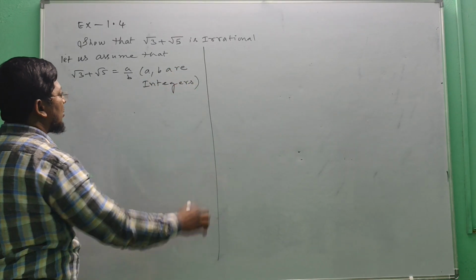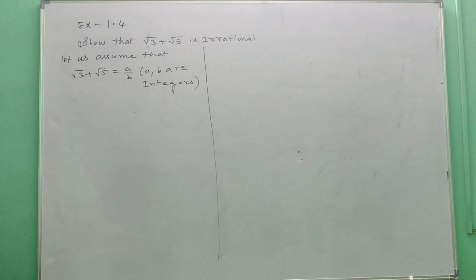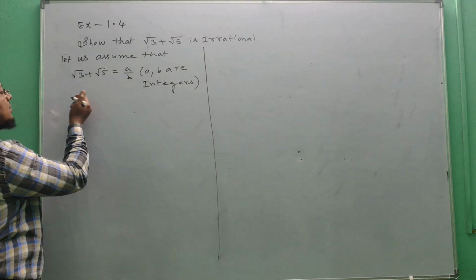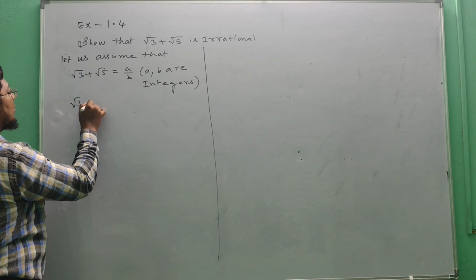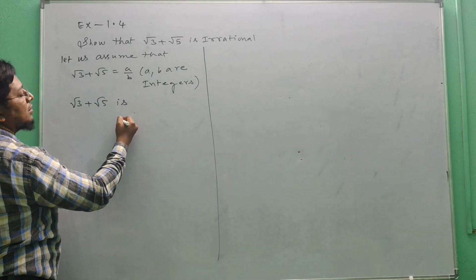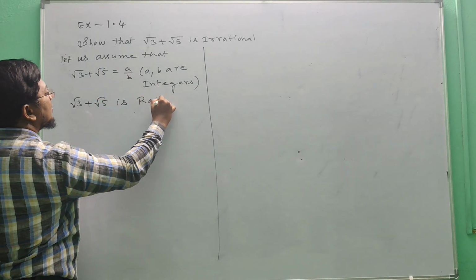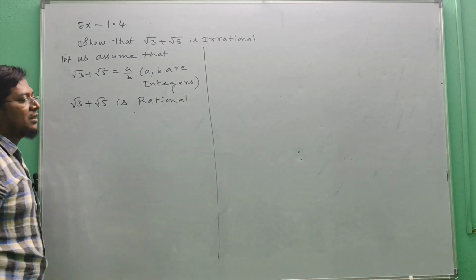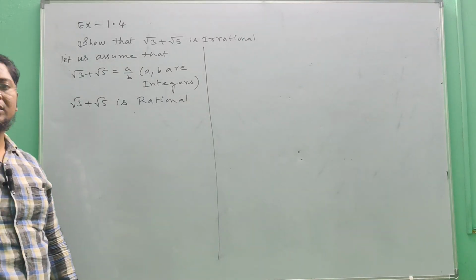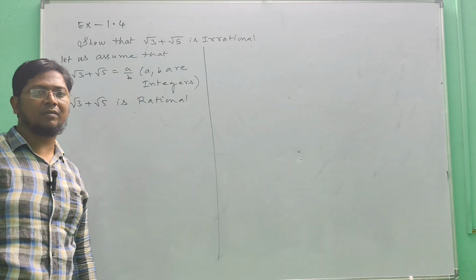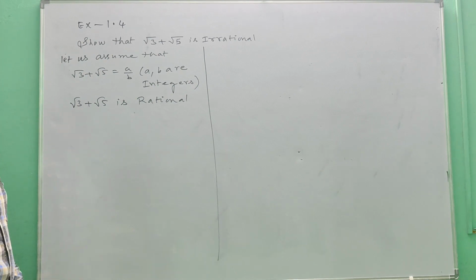Integers. Yes, very good. Where a, b are integers, and b is not equal to 0. Rational is in the form of p upon q, a upon b.